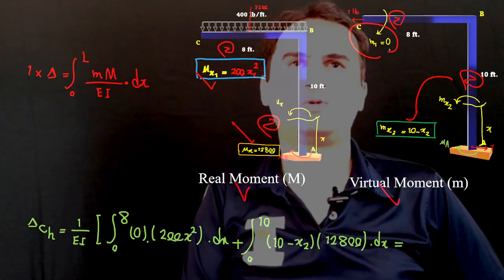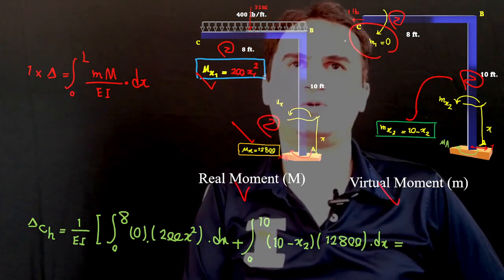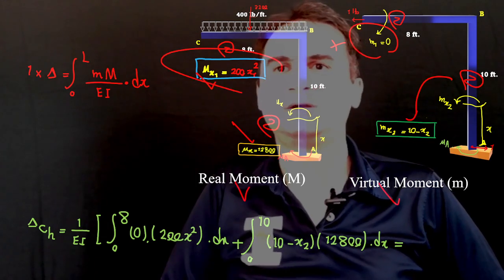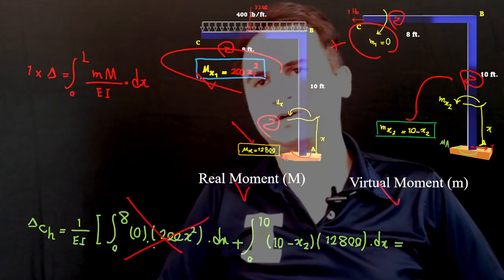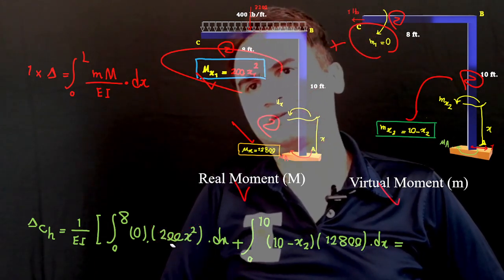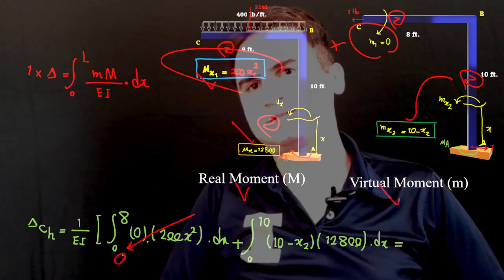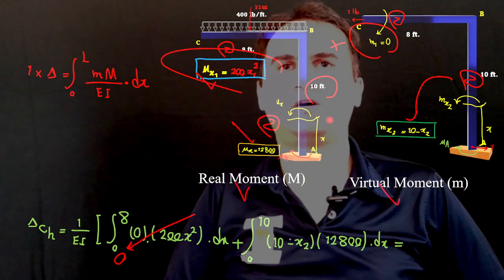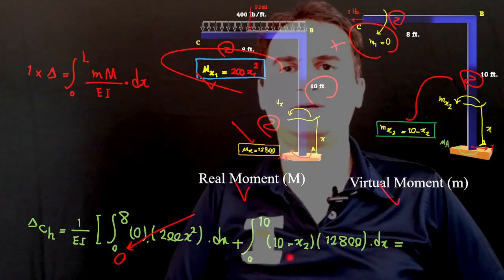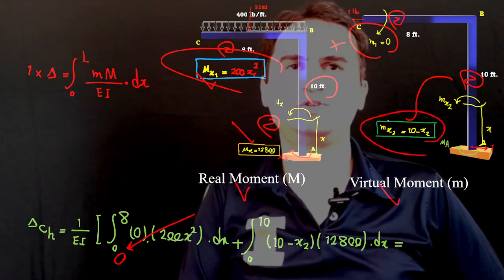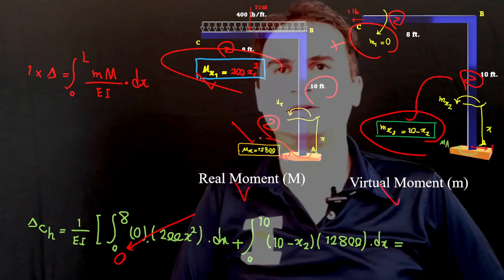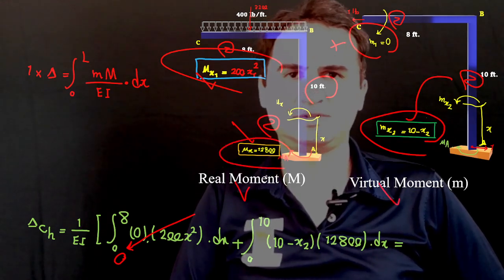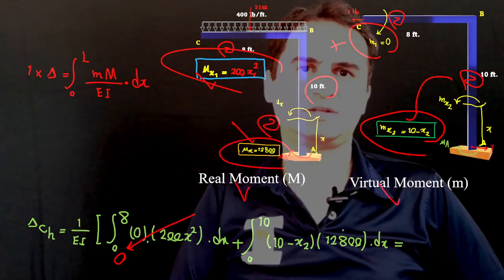Because the small m is 0 here, the small m times the capital M just gives us 0, plus the integration from 0 to 10, which is the length of the vertical member, of 10 minus x2, which is the small m, times 12,800.